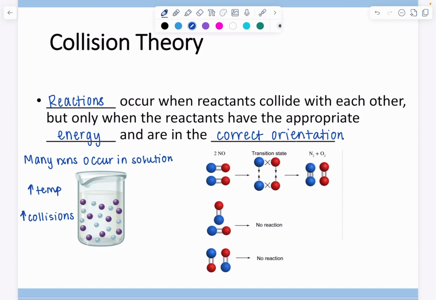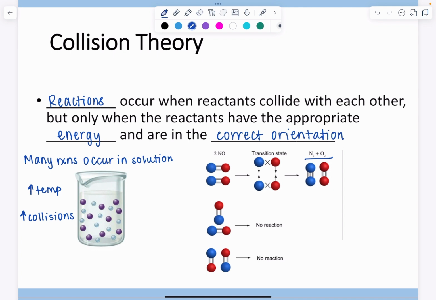Now on the right side, this is showing the correct orientation part of the sentence. So if we start with two NO molecules and we're forming N2 and O2, we need the NO molecules to be in the correct orientation where the nitrogen atoms can bond with each other, and the oxygen atoms can bond with each other.